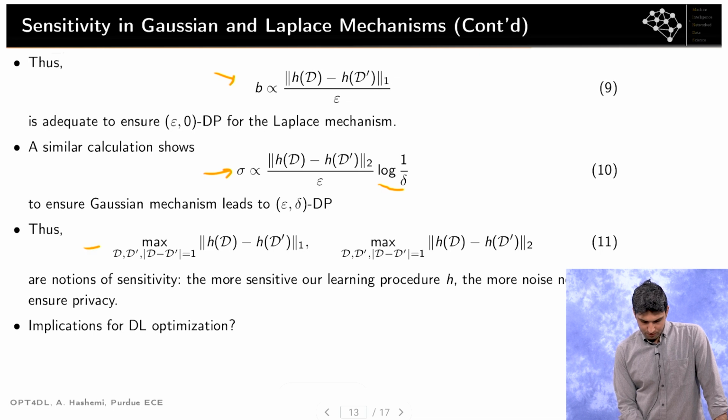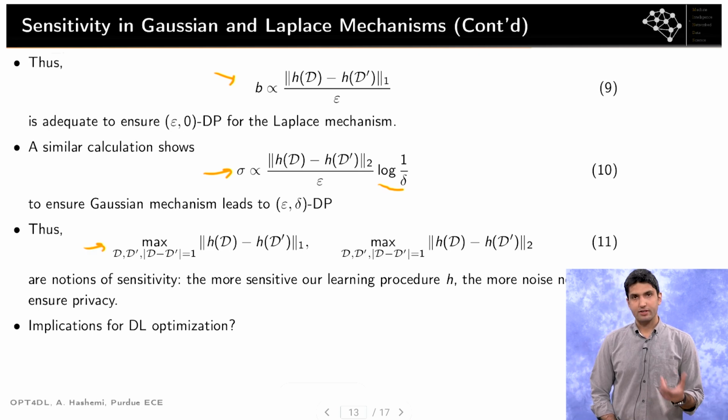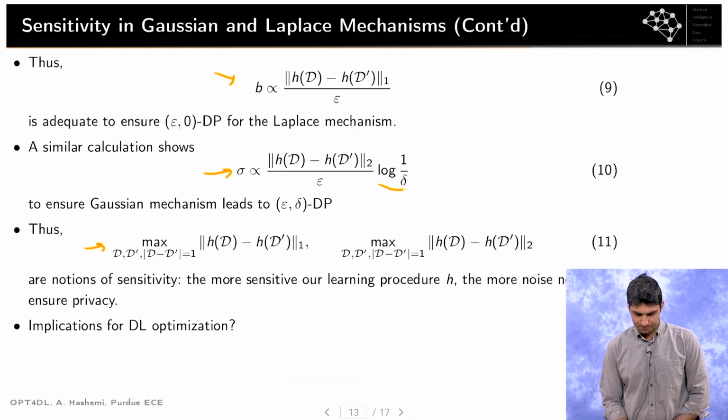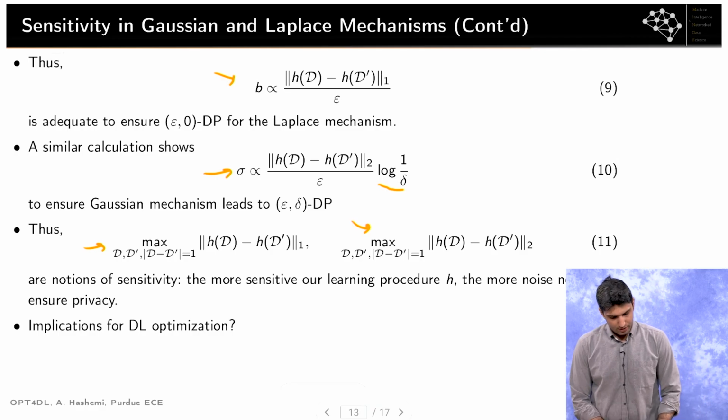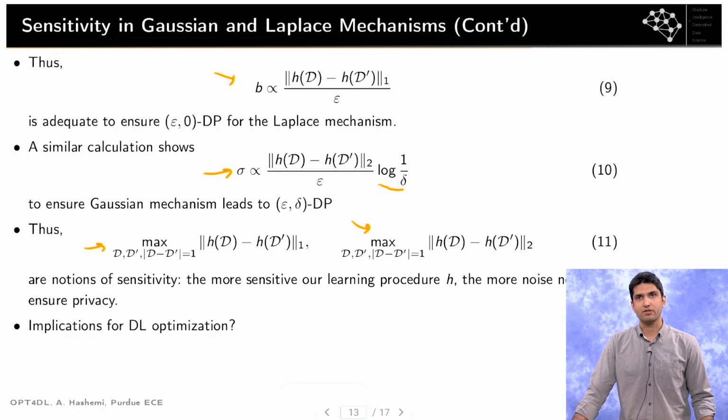As I mentioned, these two differences that appear in the numerator of the standard deviation for the Laplace mechanism and also for the Gaussian mechanism are notions of sensitivity. They capture how sensitive our learning procedure is with respect to small changes that we are making in the training data.